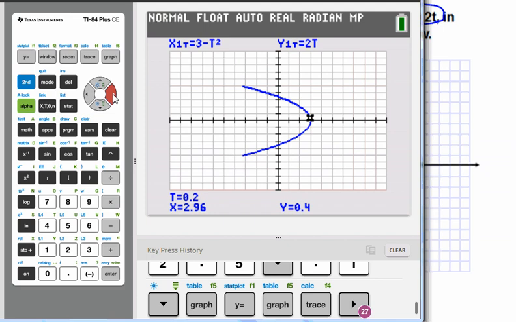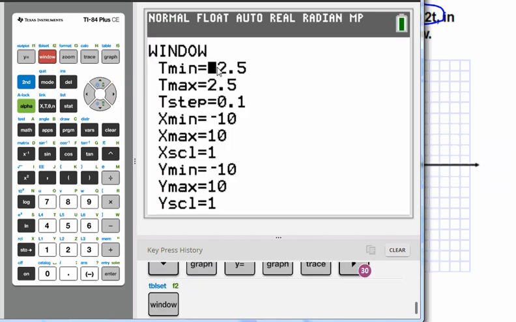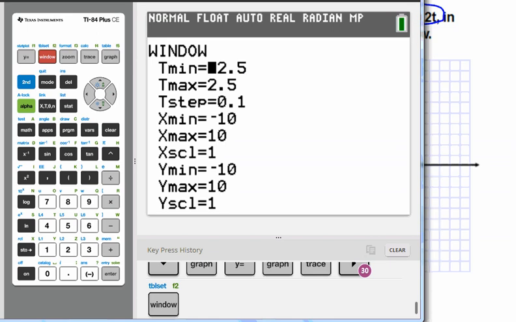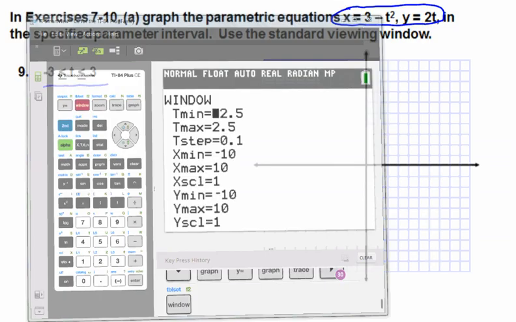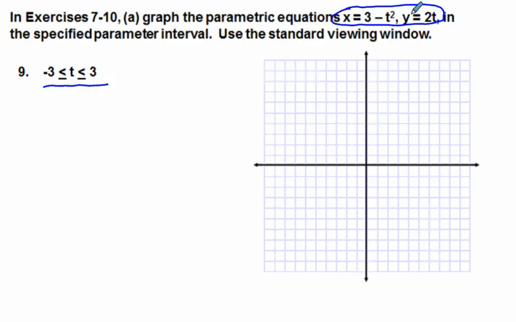So time goes in this direction. And in the window, this is where we set the time from the lowest value of negative 2.5 to the highest value. What we're going to do now is convert this into what we call rectangular form.